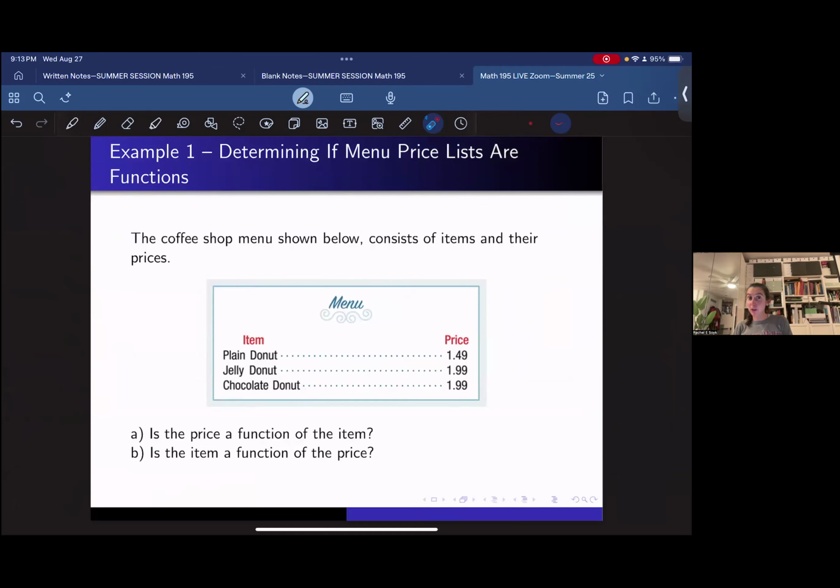Let's jump into our first example where we want to determine if menu price lists are functions. And so we're given a menu here with plain jelly and chocolate donuts priced at $1.49 and $1.99 respectively. And we're asked, is the price a function of the item?